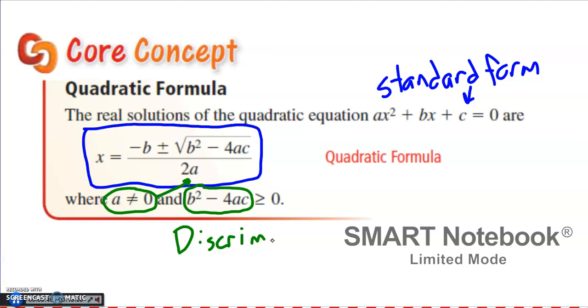That's this stuff right here underneath the radical. That's got to be greater than or equal to 0, because for algebra 1 purposes, in order to have a real solution, we can't have a negative sign underneath the radical. So that discriminant has to be greater than or equal to 0 because we can't have a negative sign underneath the radical.